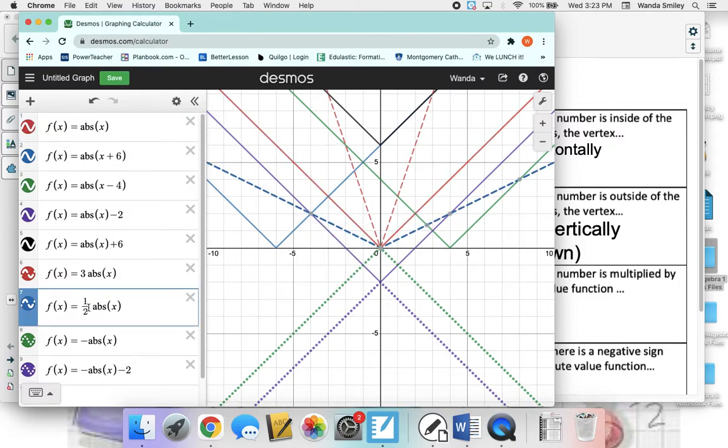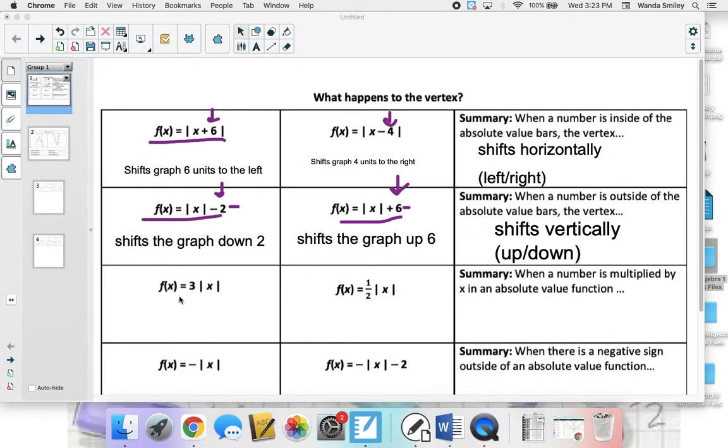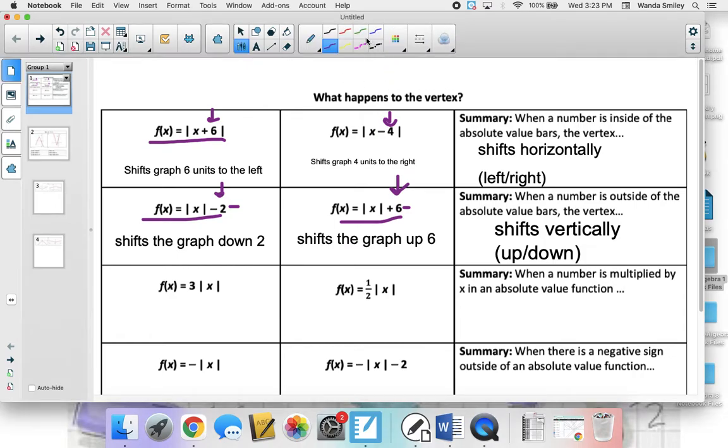So the number that was 1/2 made it wider, and the number 3 made it skinnier.